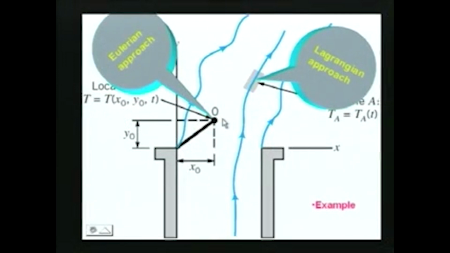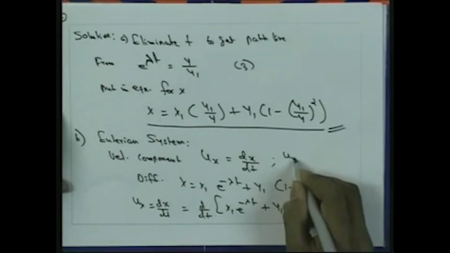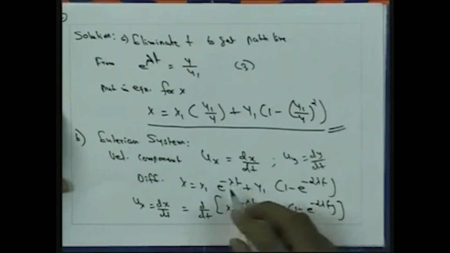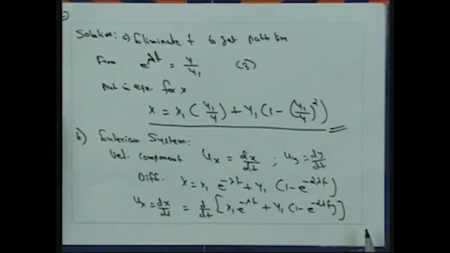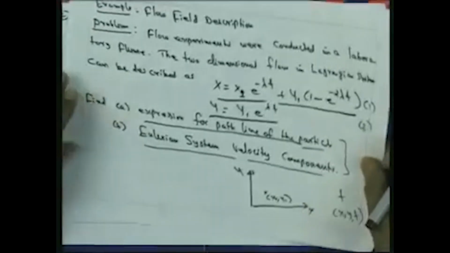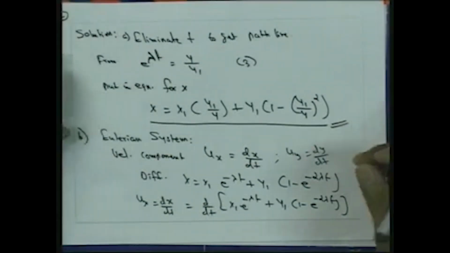So ux is equal to dx by dt and uy is equal to dy by dt. That means velocity in the x direction is dx by dt and velocity in the y direction is dy by dt. We will just differentiate equation number 1 to get the velocity component in the x direction.